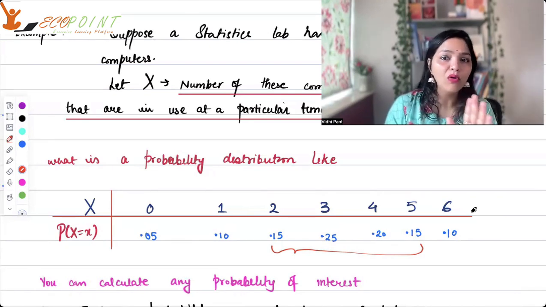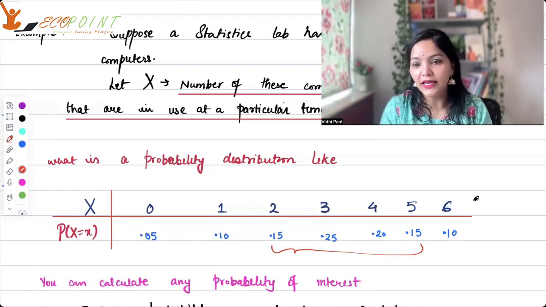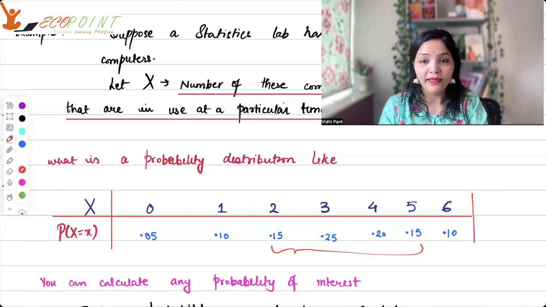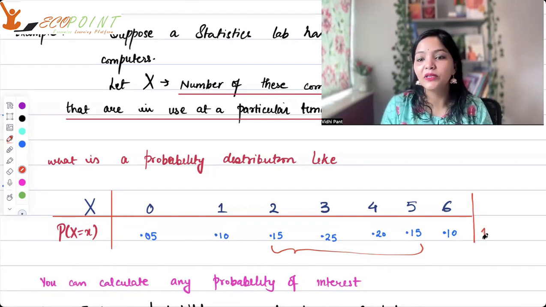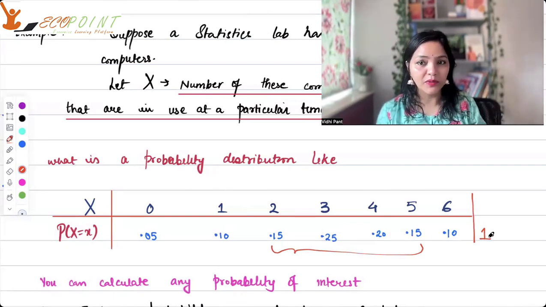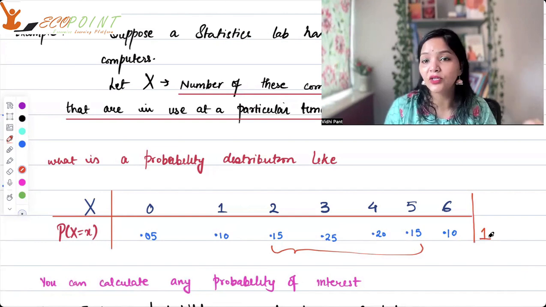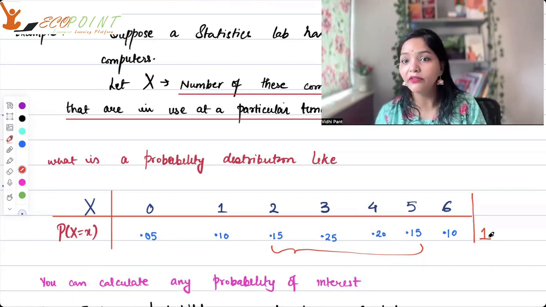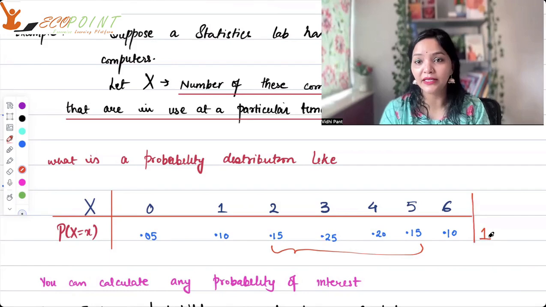Which means if all possible outcomes have been taken care of, are a part of this table, then the sum of all the probabilities has to be equal to 1, because from your sample space, you have taken care of each and every outcome. Each and every outcome is a part of this distribution. If that's the case, then the probabilities attached to it should give you 100%, right? Because 100% has been taken care of.